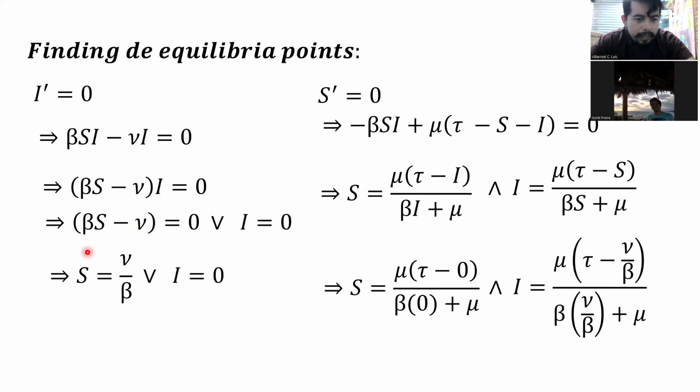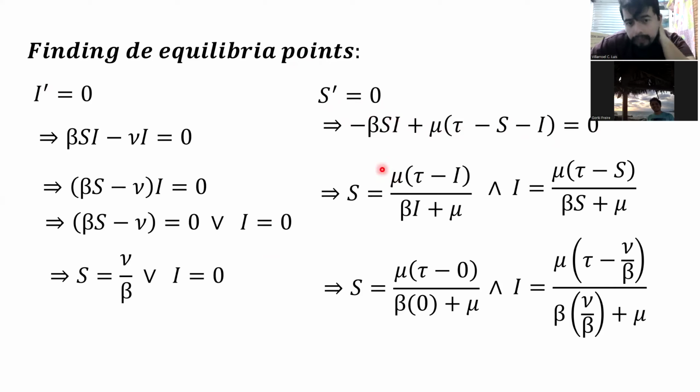In the first case, we easily check that S is going to be equal to B over beta, and in the second case, I is going to be equal to 0. On the other hand, if S prime is equal to 0, we are going to have that minus beta S I plus mu times tau minus S minus I is equal to 0. This is only from the definition of S prime, of course.